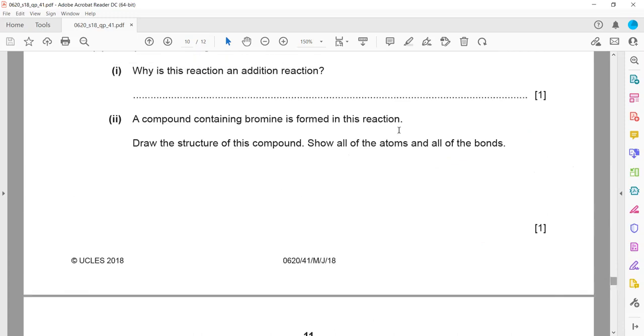So the product which is formed here now has a single bond and a bromine is added. So this is bromine and this one is also bromine.